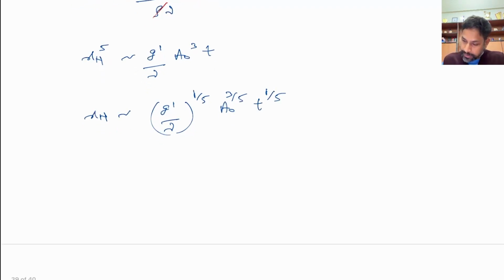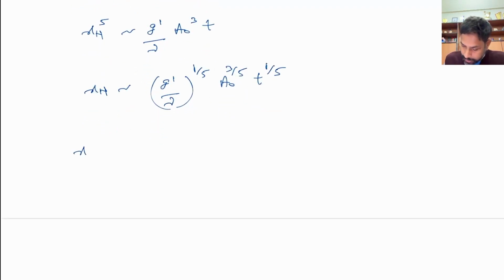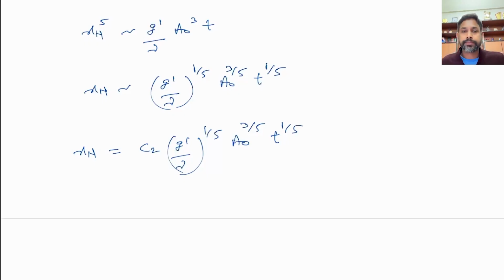Now we will simplify this equation by including a constant c2: c2 (g prime over nu)^(1/5) a naught^(3/5) t^(1/5). But this is valid only if xn tends to 0 and h tends to infinity at t equal to 0.